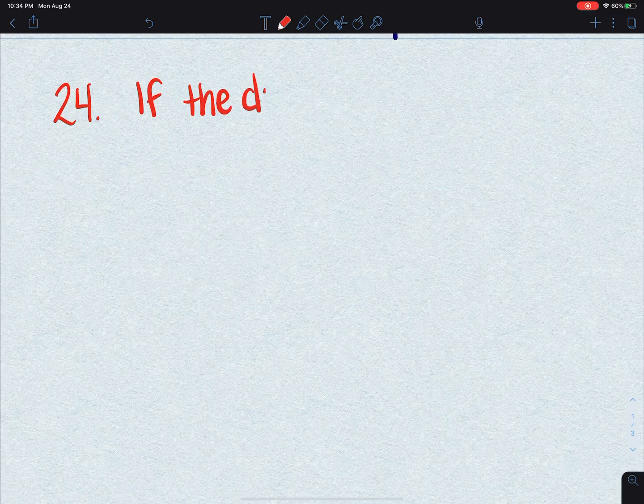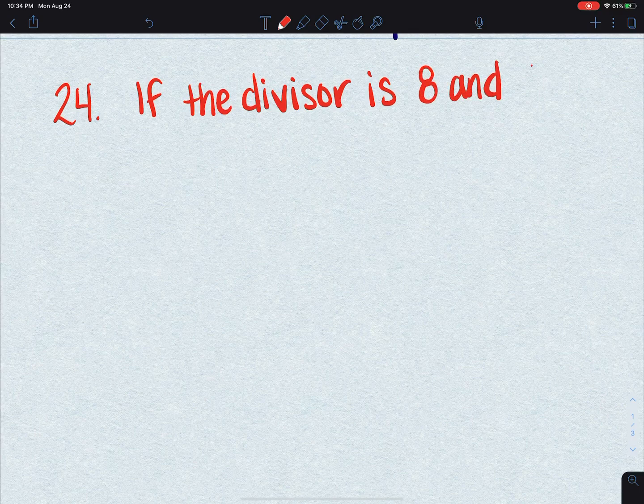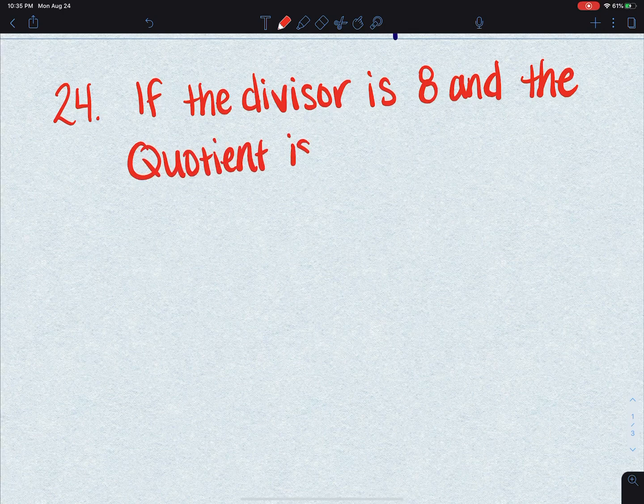The next one that you missed is, it was a word problem. It was problem number 24, and it says this: if the divisor is 8 and the quotient is 24, what is the dividend?